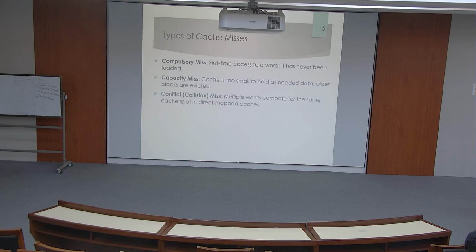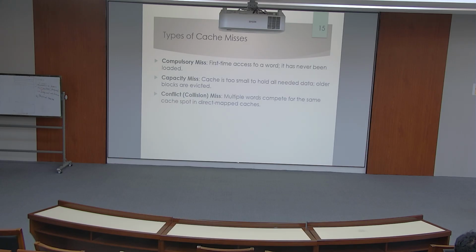Now, the third type of cache miss is conflict miss. We also call it collision miss. That means we have multiple words that compete for the same cache line, for the same cache spot, especially in the direct mapped cache.